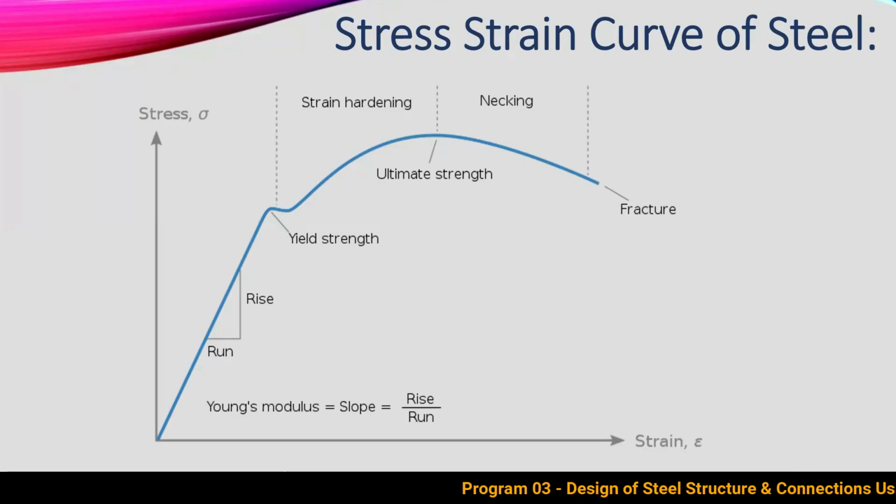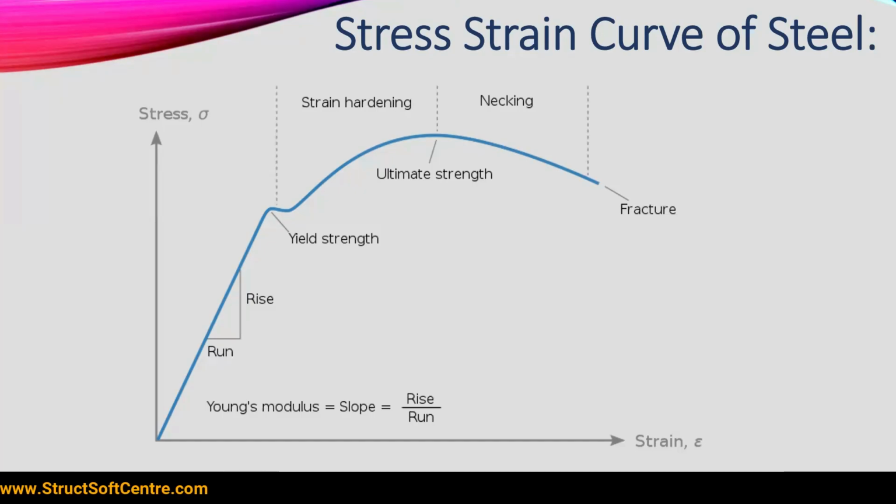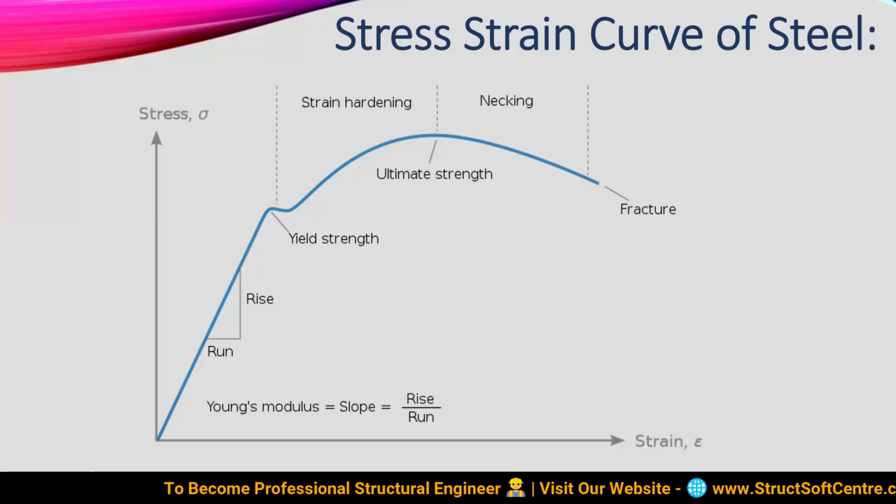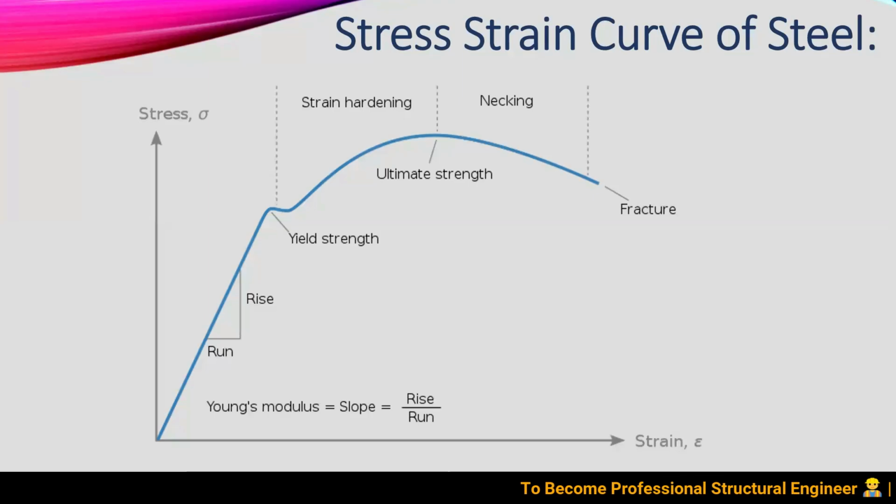That means whatever force we apply on our member and it bends, when the force is removed, it again comes to its original shape. That is the reason we have a uniform line. This limit is called the elastic limit. Up to yield strength of the material, the maximum value of stress up to which the material will regain its shape again, that is called the yield strength of the material. And up to that limit, our material is under elastic limit.